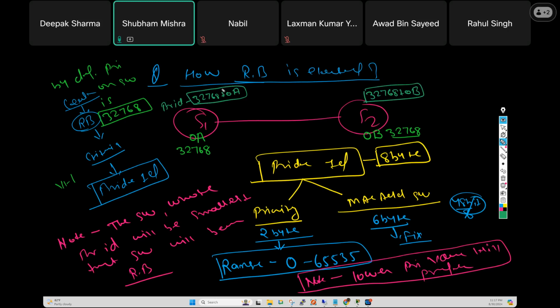Now, I told you between switch number 1 and switch number 2, root bridge election will happen on the basis of bridge ID. Now, again, one more thing. Let's suppose this is a country and there is a prime minister election.